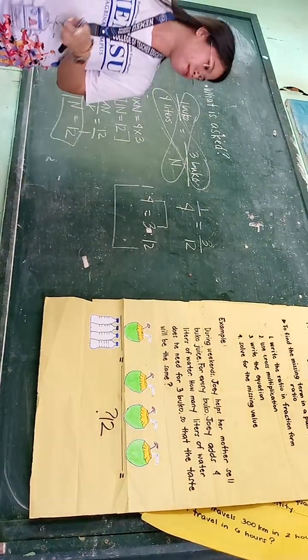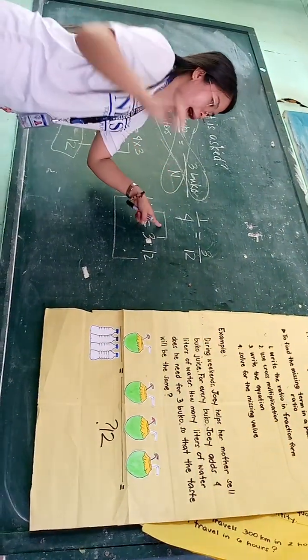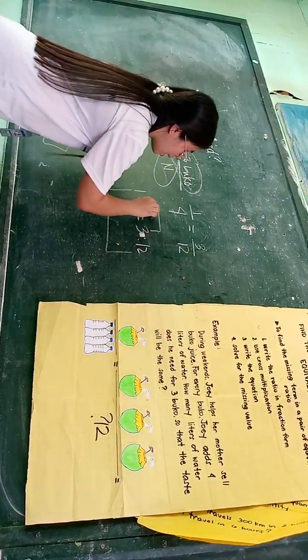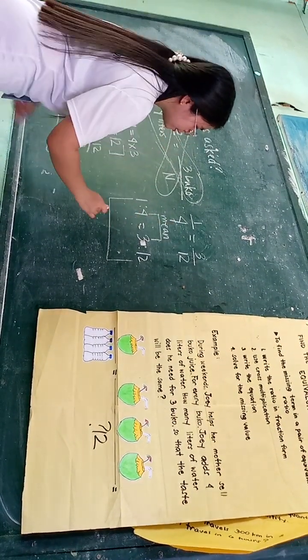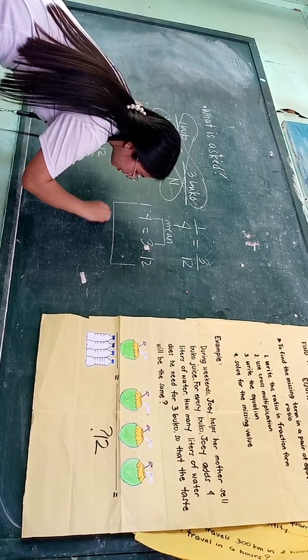If it is an equivalent ratio, this is called the mean, and this is the extreme.